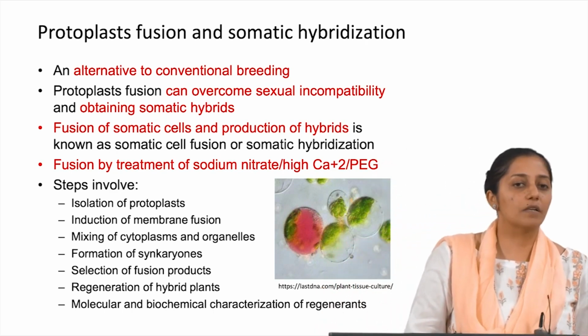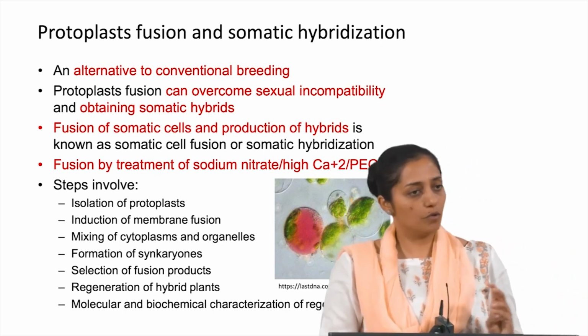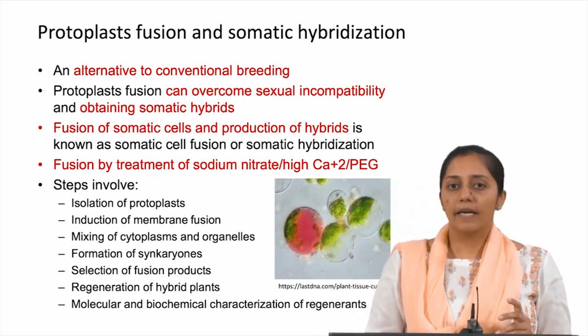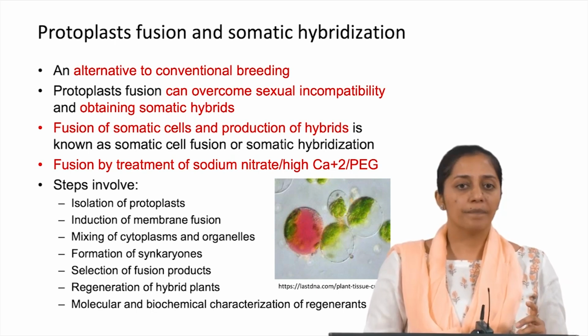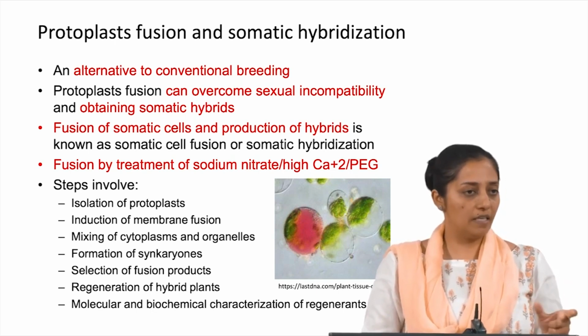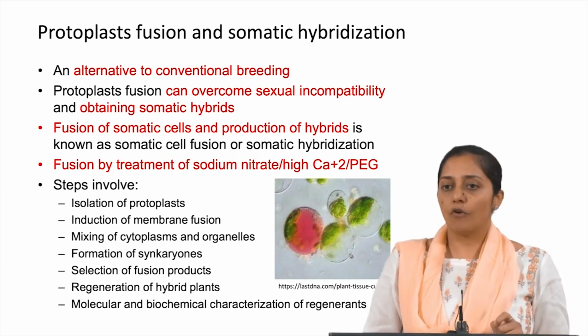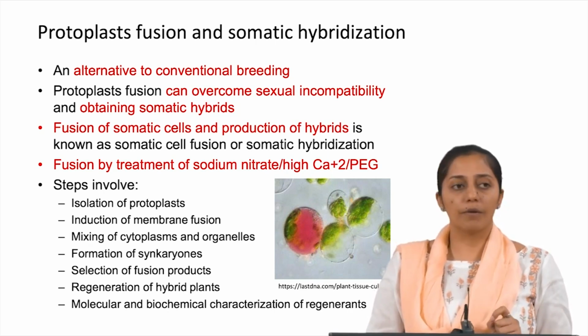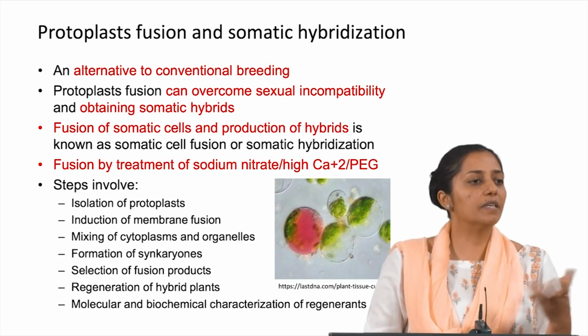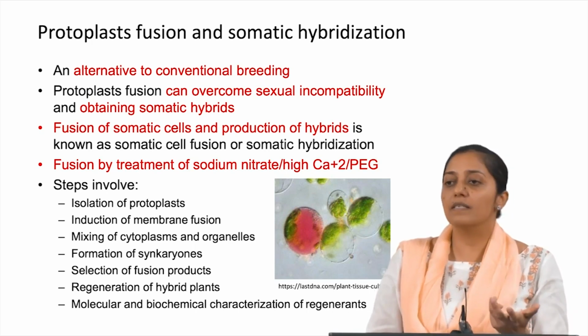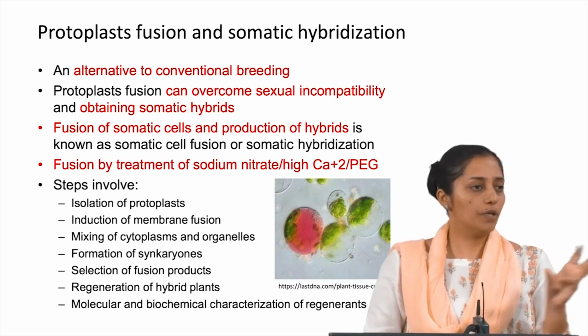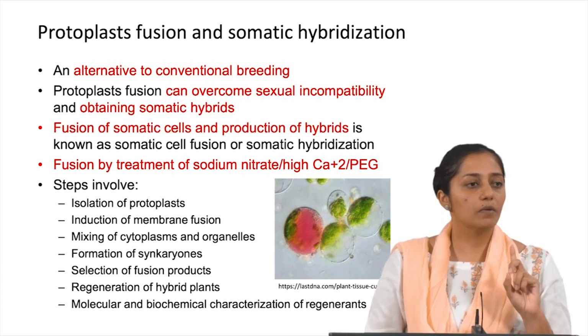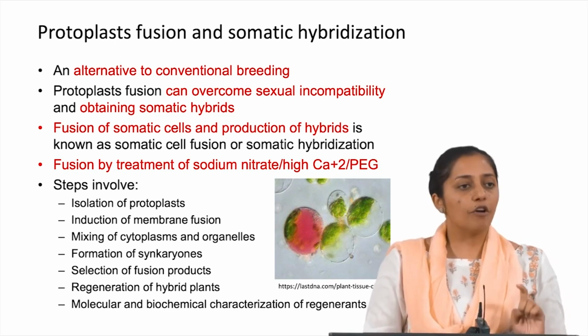So what are the steps involved? Isolation of the protoplast first, then induction of the membrane fusion, mixing of cytoplasm and organelles, then formation of synkaryons. After the mixing has happened, they will form synkaryons, which means two nuclei coming together to form one nucleus. Then selection of fusion products.